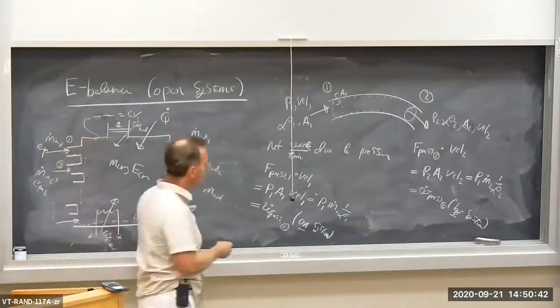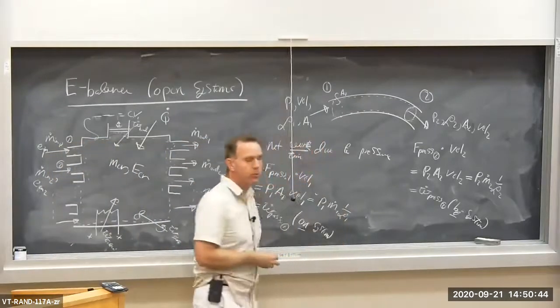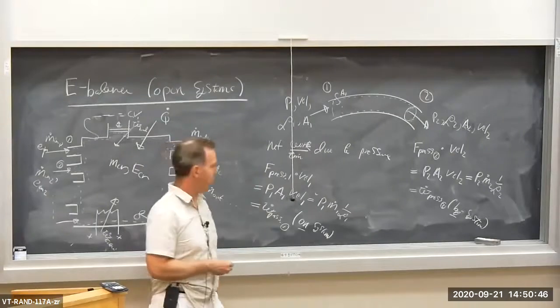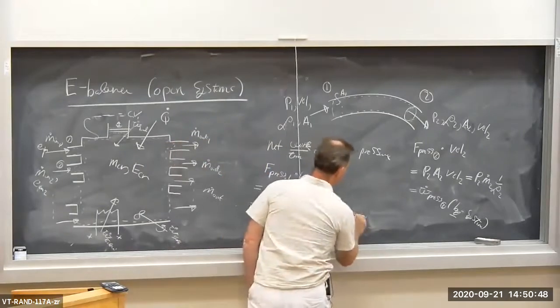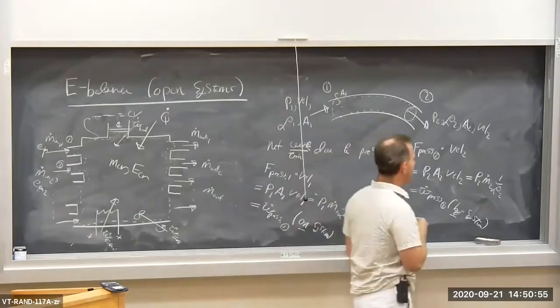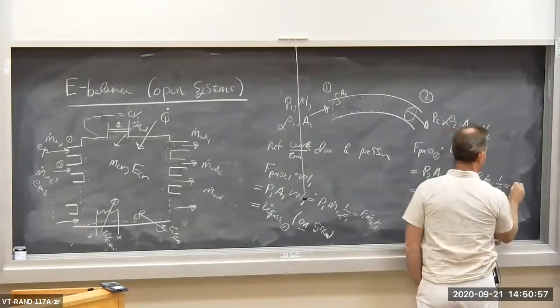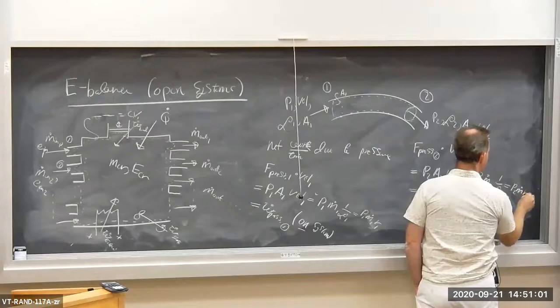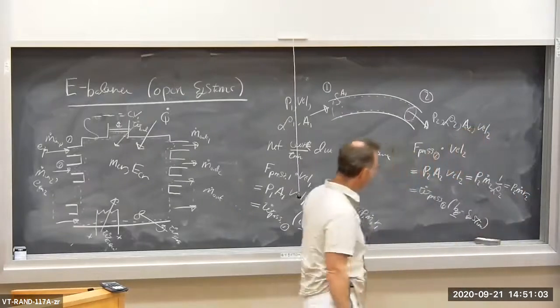One last thing, 1 over density is specific volume. So I can actually write this as P1, m dot 1, specific volume at the inlet. And I can write this as P2, m dot 2, specific volume at the outlet. Okay?